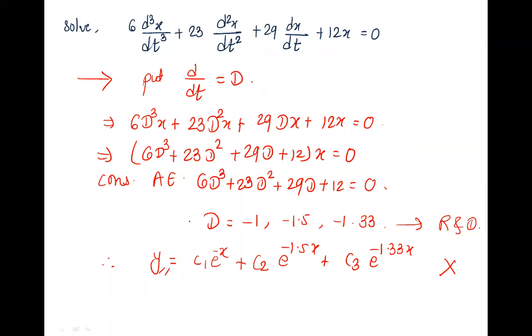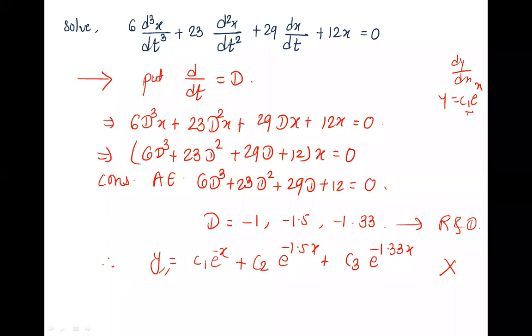Because there is no y in your given question. Here x is a function of t. So it should be x is some function of t. So it is not now y. Whenever it is dy by dx, y is some function of x, like this comes.